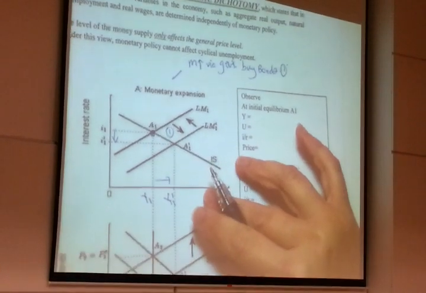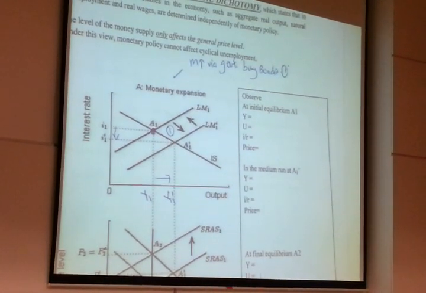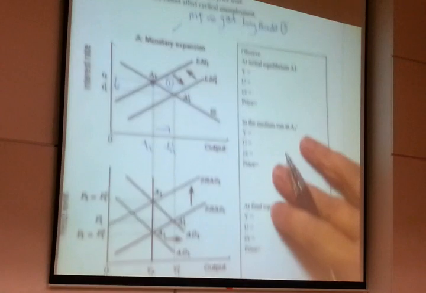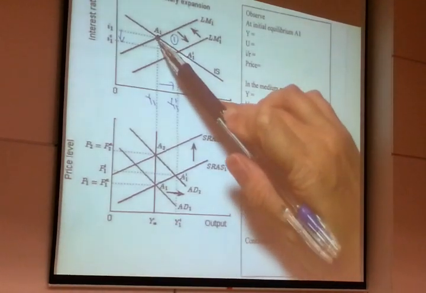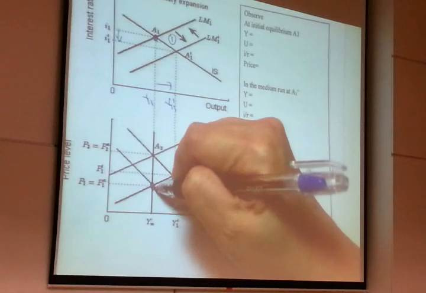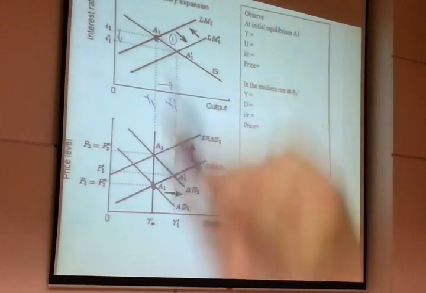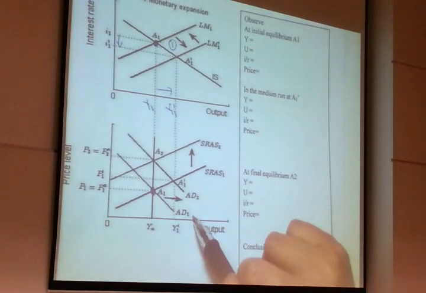Okay? However, now we want to incorporate the ADAS diagram. So still looking at this initial point A1, we bring it down. Right? Remember, ISLM will give you a point on the AD curve.